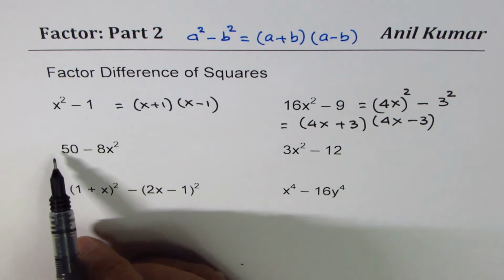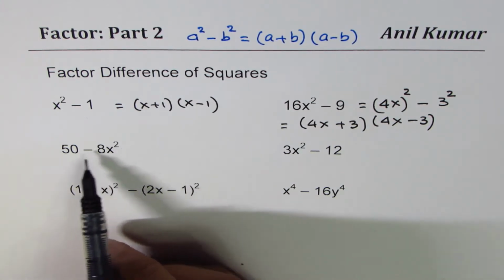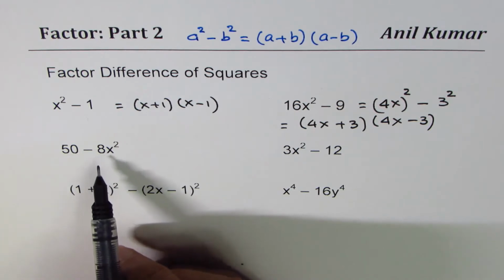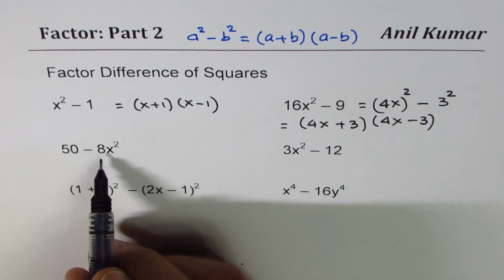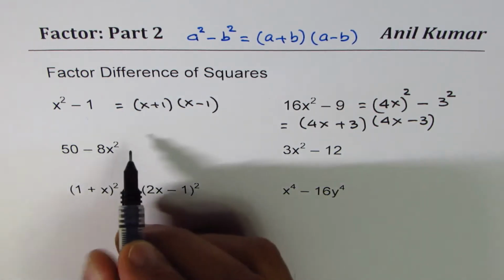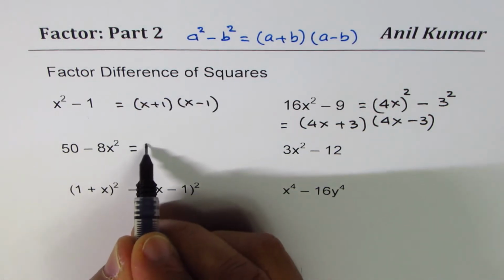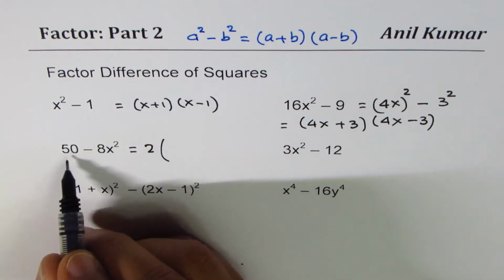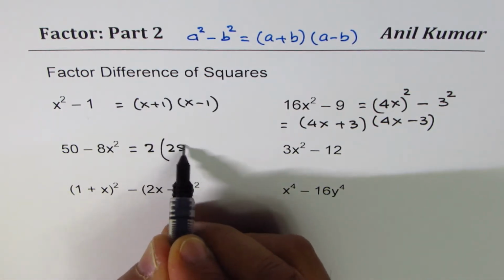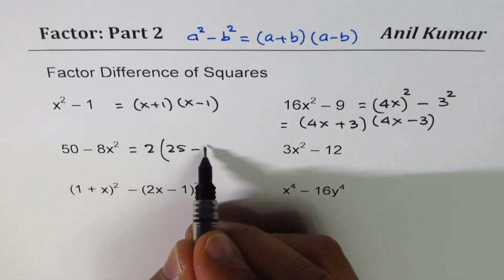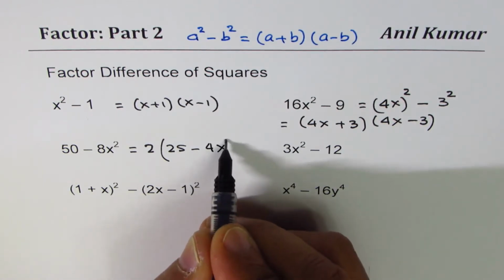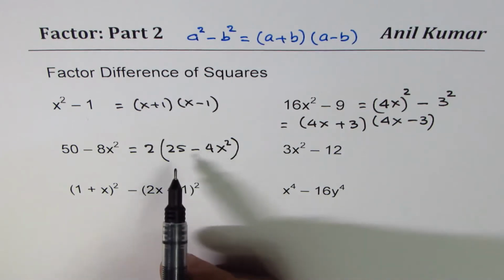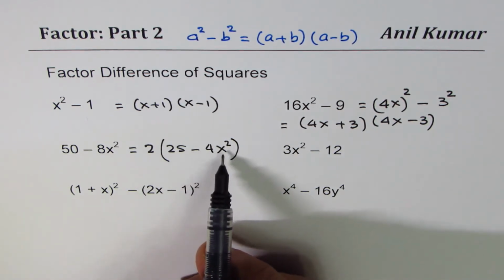Now next one here is 50 minus 8x squared. 50 is not a perfect square, nor is 8, right? But if I take 2 common, then I get 50 divided by 2 is 25, and 8x squared divided by 2 is 4x squared. Do you see perfect squares now? Yes, we do. 5 squared and 2x squared, correct?